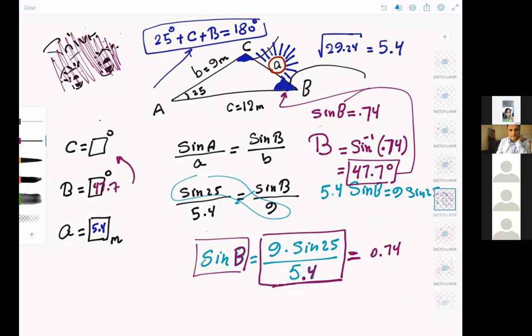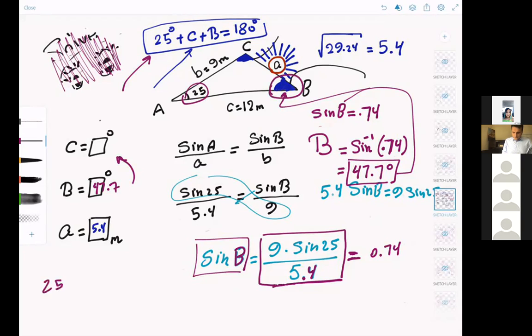How do we solve for C now? Should I use law of sine, law of cosine, your favorite one, or the basic 180? We can use law of sine, we can use law of cosine, but if somebody pays you, you just do this, because the easy way is we have 25, we have 47.7, so we subtract from 180. We don't want to use those advanced formulas.